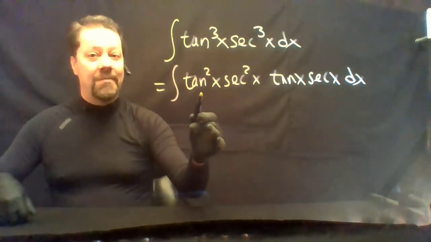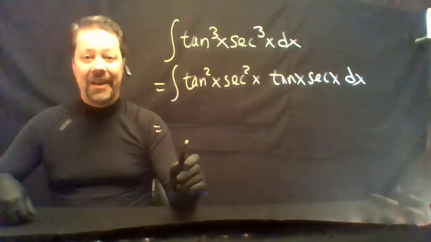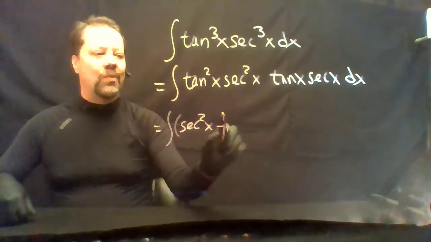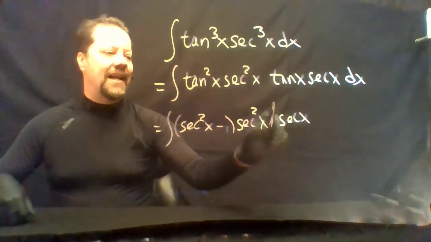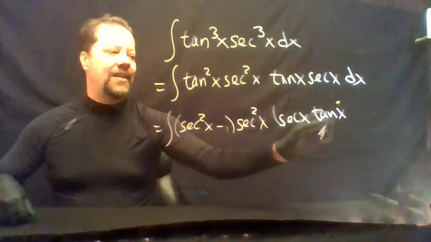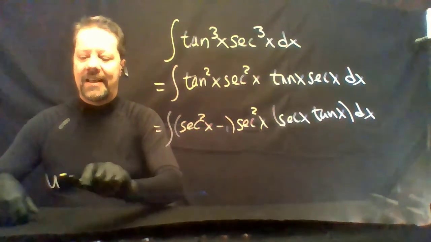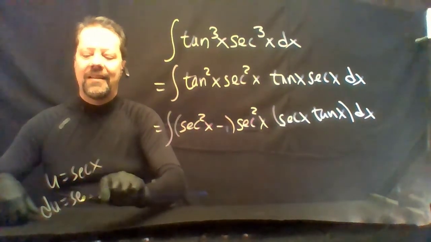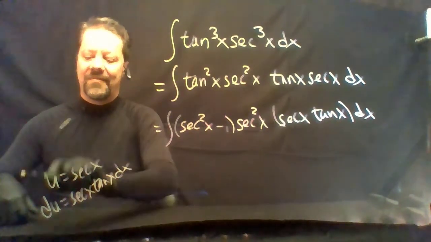We can convert the remaining tangents to secants using the Pythagorean identity. That's going to be secant squared minus 1, secant squared x times secant x tangent x dx. It's at this point we simply say u equals secant x, so that du is secant x tangent x dx.